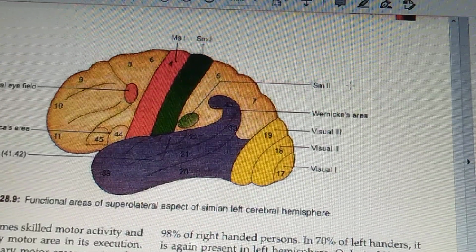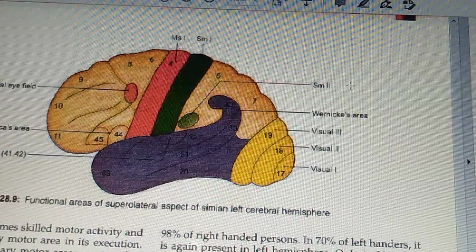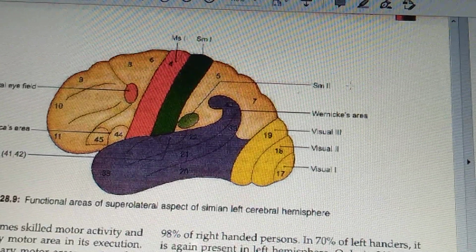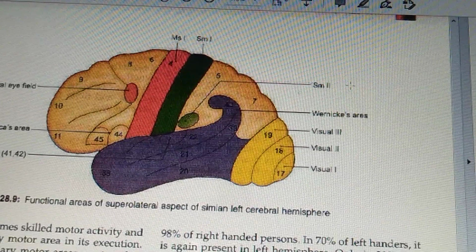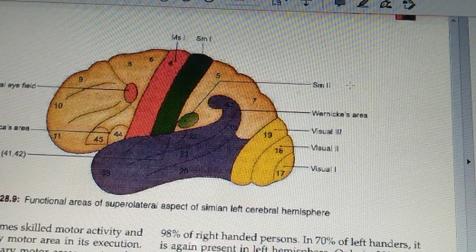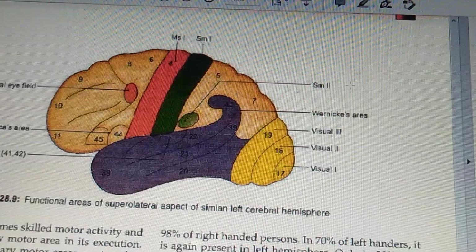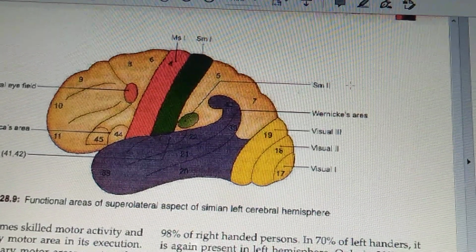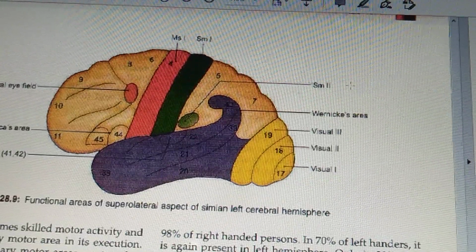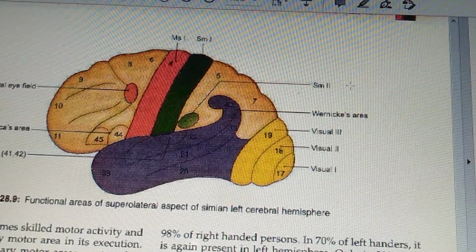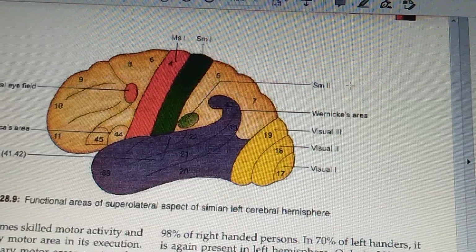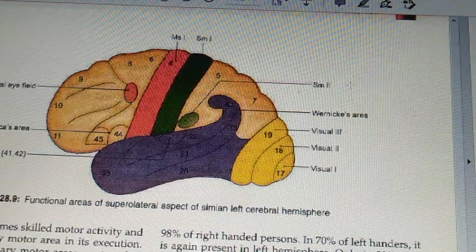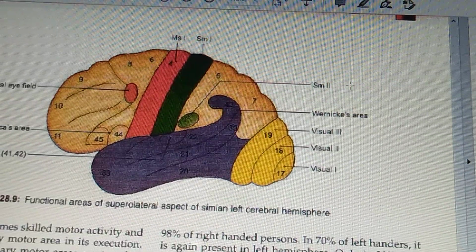Now when it is related to one hand, it is called tactile agnosia, and when it is related to both hands, it is called astereognosis. In this condition, the person is unable to recognize the object that is held in his hand while the eyes are closed. As we just talked about the somesthetic association area, many times you are able to recognize the object given in your hand even if your eyes are closed.